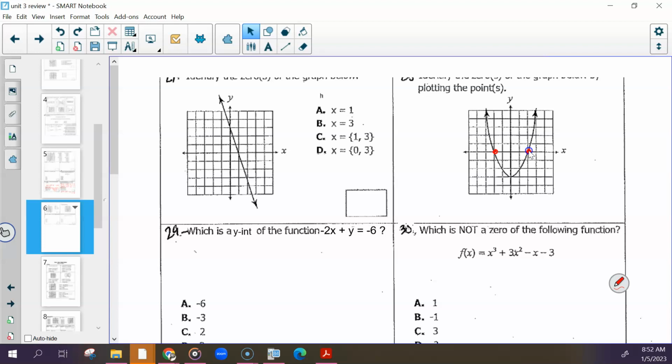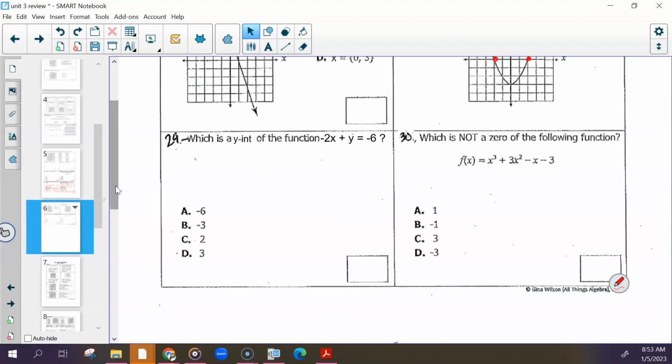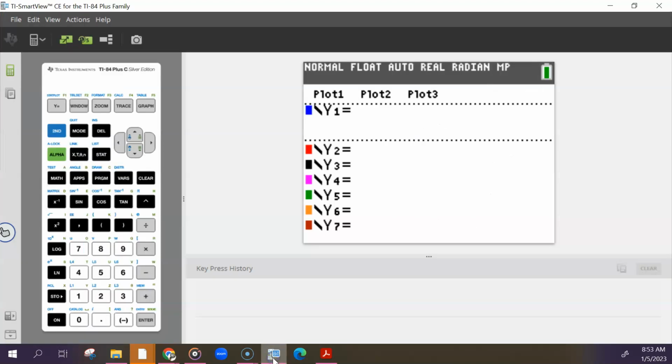Any others? Regina? Which is not a 0. Okay, so this one you would have to do on your calculator. So you would type that into your y equals. Can you read this off to me?